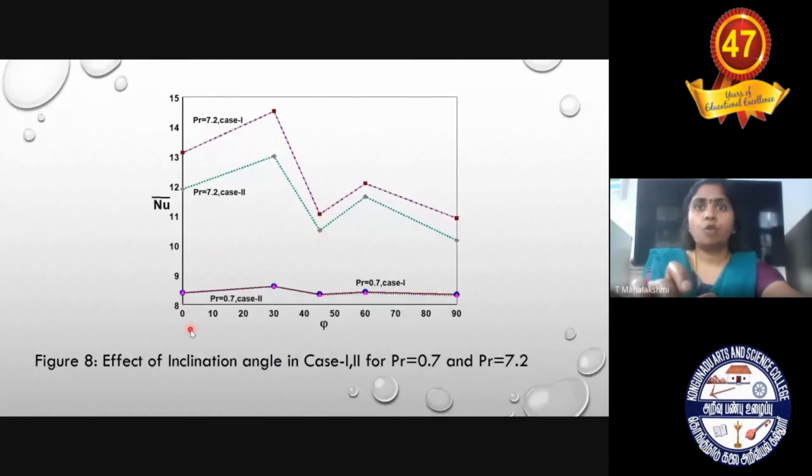And in this problem, we have considered the inclination angle of the enclosure also. So the effect of inclination angle is represented in this figure.